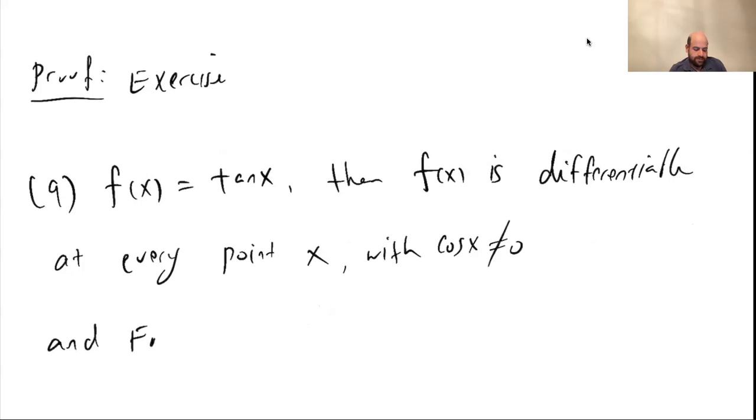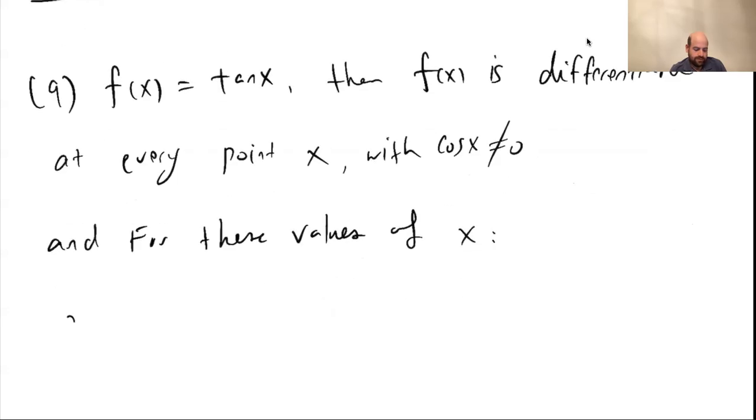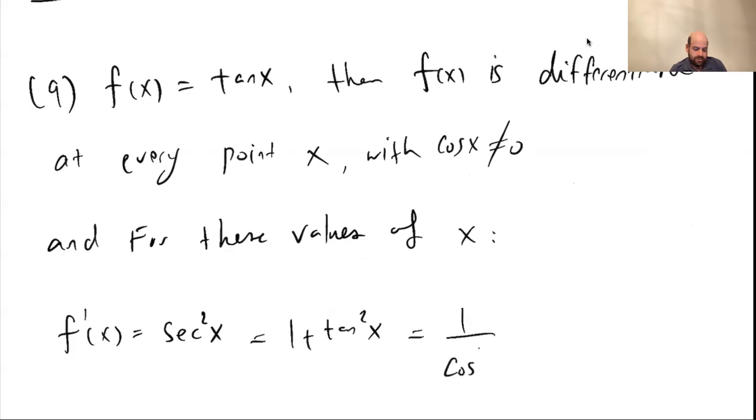And for these values of x, we can say that f prime of x is equal to secant squared x, which is same as 1 plus tan squared x. And that's same as 1 over cos squared x.